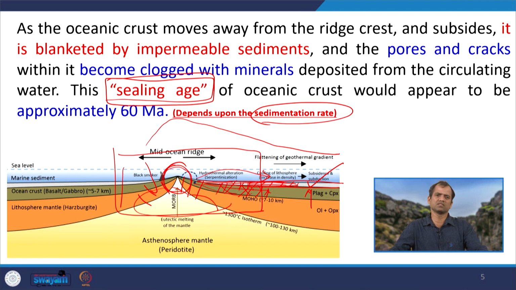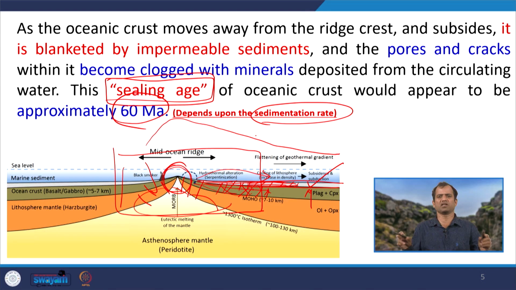So, the sealing age in the Atlantic is much less as compared to the Pacific. The average age of sealing of cracks is 60 Ma, 60 million years, but that depends upon the rate of sedimentation and the rate of spreading. At a high rate of spreading it may be less, and at a low rate of spreading it may be high. So, the sealing age depends upon the rate of spreading as well as the rate of sedimentation.